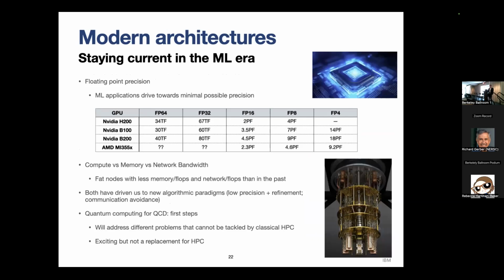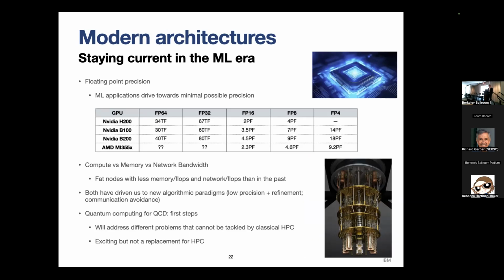We discussed yesterday a lot about modern architectures, and one thing that came up was floating point precision, with machine learning pushing us towards the minimum possible precision needed for machine learning applications. And we've seen that in the performance of hardware. Here's a list of some recent and future hardware.